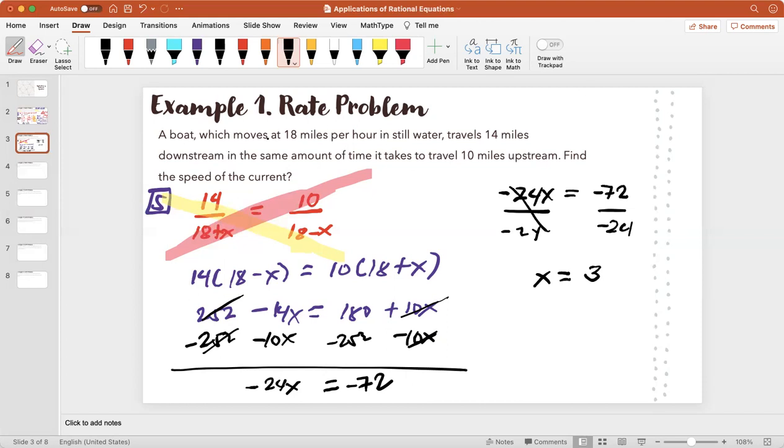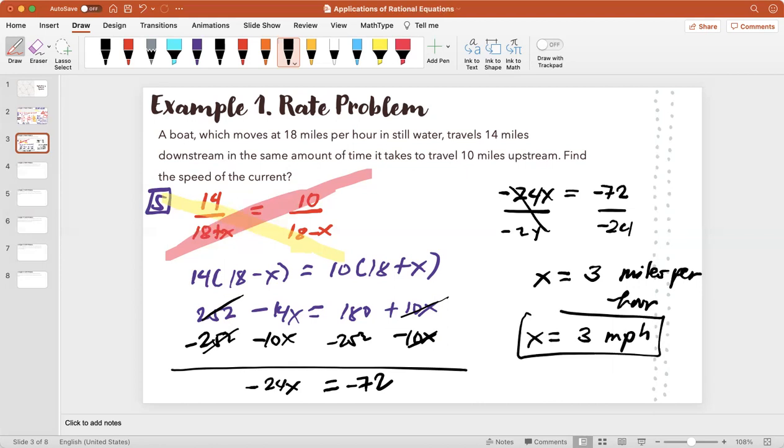It depends on the speed of the boat. Miles per hour. So the same unit as the boat. So that is 3 miles per hour. Or you can say x equals 3 mph. And we are done. That's our answer here. The speed of the current is 3 miles per hour.